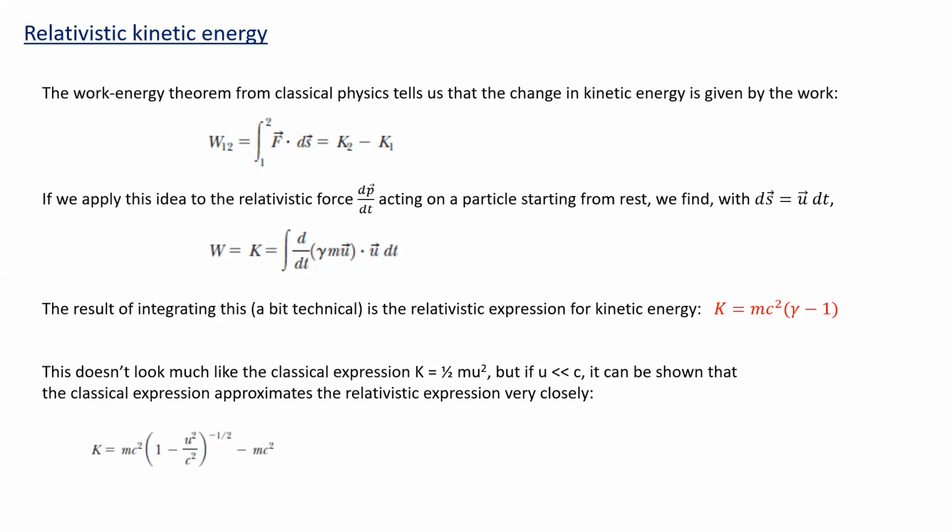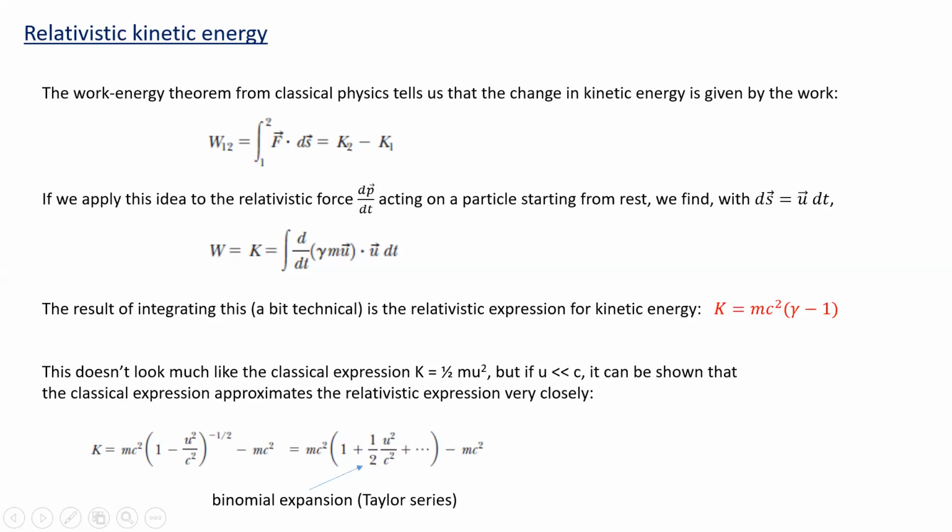So how does that work? Well, here's the expression for the kinetic energy written out, where gamma is written as 1 over the square root of 1 minus u squared over c squared, minus, so multiplied out, mc squared times minus 1 would be minus mc squared. And then we do something to this funny expression here called a binomial expansion.